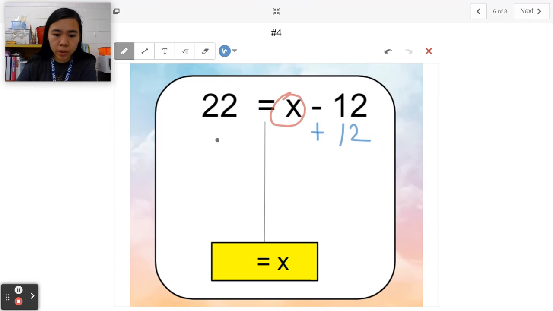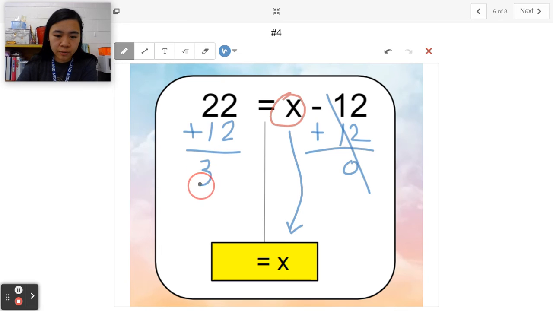If you want to go ahead and put your plus 12 on this left side too, so you don't forget, it's a good idea. Okay, so negative 12 plus 12 is 0. So now I really do have just x by itself on the right side. I already wrote this plus 12 in. So 22 plus 12 is 34. So that's my value for x.